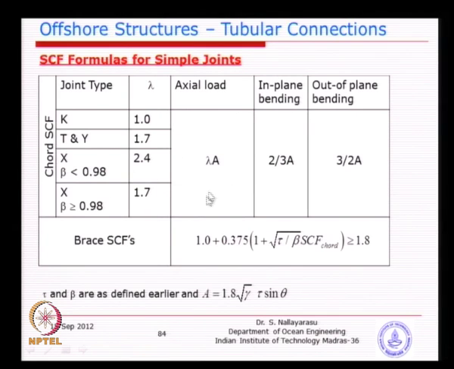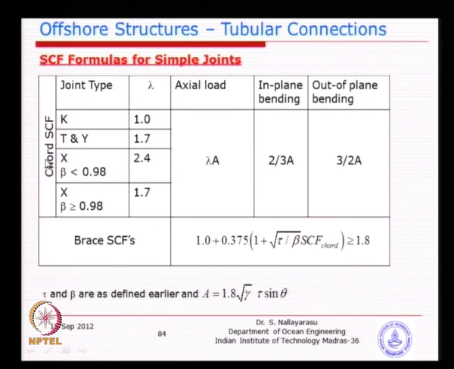So, as long as you have the values of gamma and tau, you can calculate the stress concentration in the axial direction, and it is lambda times A. And then for bending in plane and out of plane, you have 2 by 3 and 3 by 2 multiplied by A, as long as you can calculate the A.